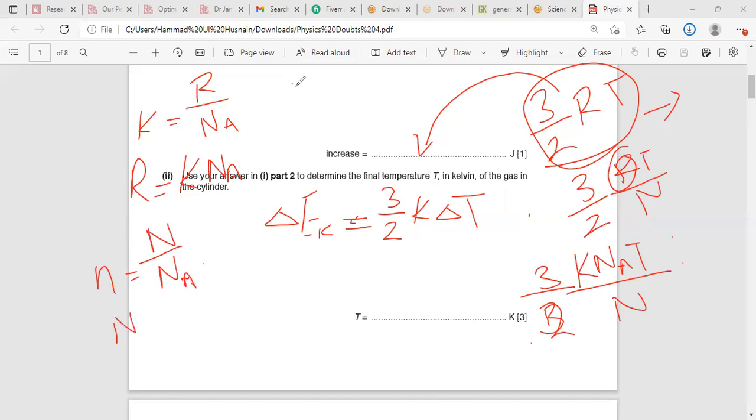So NA divided by N will be equal to 1 by small n. So it means that this is the energy for 1 mole of the gas, right? So that's why we write this formula 3/2 K del T.